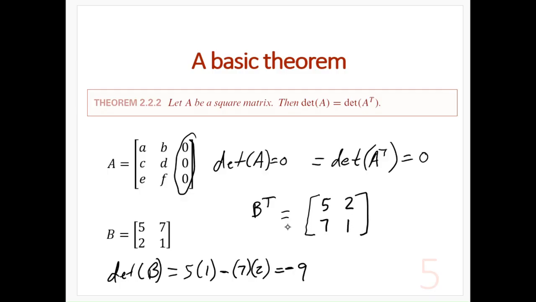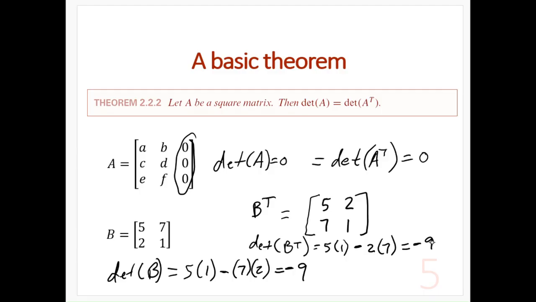And then if we take the determinant of the transpose of B, that is going to equal, once again, 5 times 1, and then minus, now, 2 times 7. What are we going to end up with? The same thing over again. So, as you can see, the determinant of B equaled the determinant of the transpose of B.